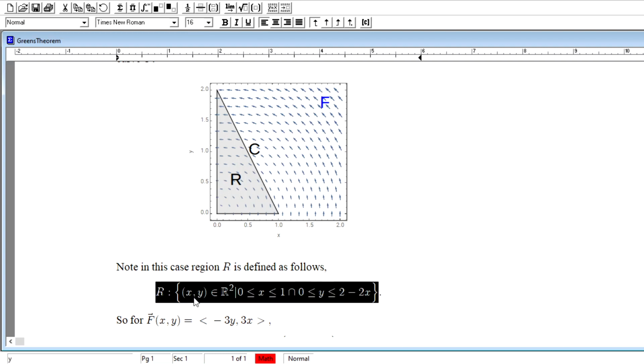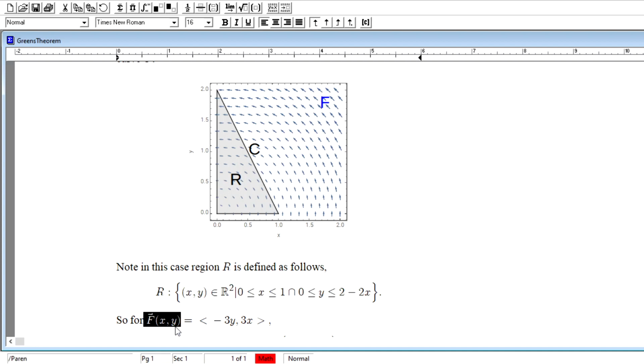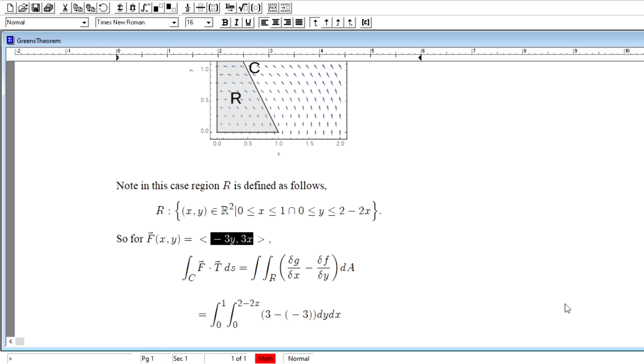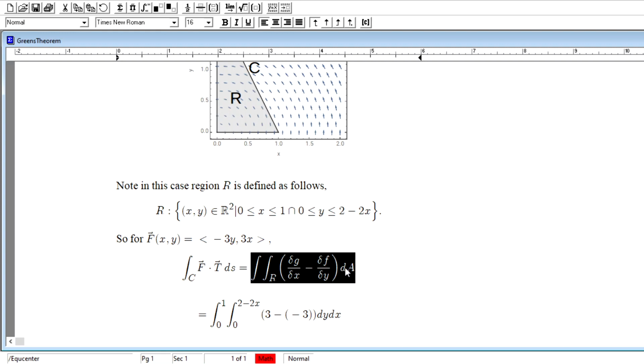This becomes our boundary on region R. So for that field F of x comma y, given by -3y comma 3x, that line integral over C can be approached as a double integral over R.